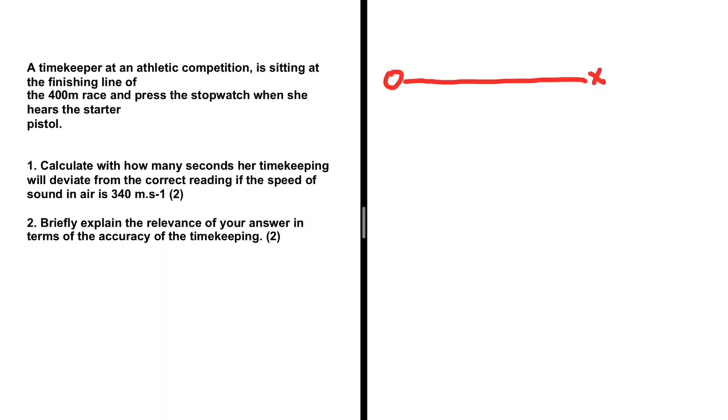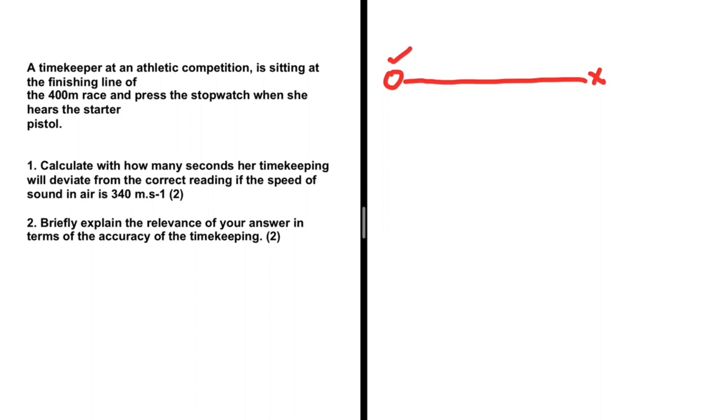She presses the stopwatch when she hears the starter pistol. Calculate how many seconds the timekeeping will deviate from the correct reading if the speed of sound in air is 340 meters per second. So this is where the sound is originating, at the starting point, and the timekeeper is at the end of the 400-meter race.